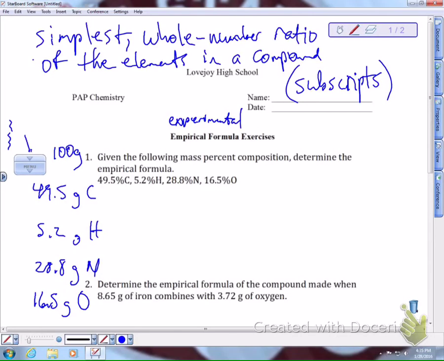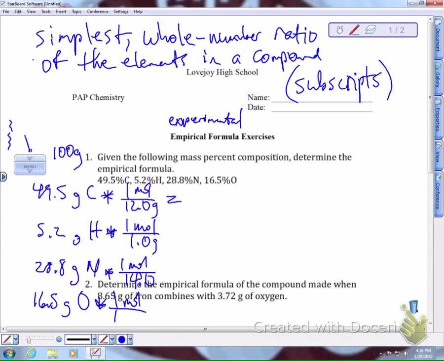Now, our ratios need to be mole ratios, so the next thing I'm going to do is convert each one of these into moles. So using the molar masses from the periodic table, carbon is 12 grams per mole, hydrogen is 1 gram per mole, nitrogen is 14, and oxygen is 16.